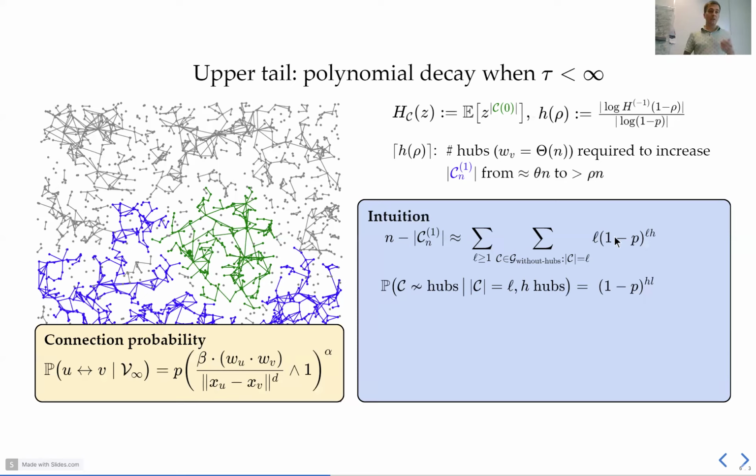Now we need to make sense of the sums that we see. Let's look at the number of vertices that is in a component of size L in the graph without hubs. Typically these hubs are of course not present in the graph.